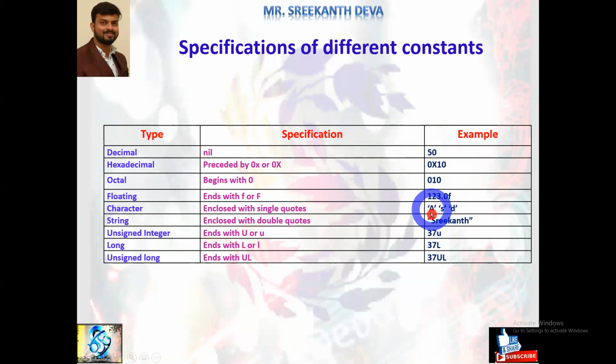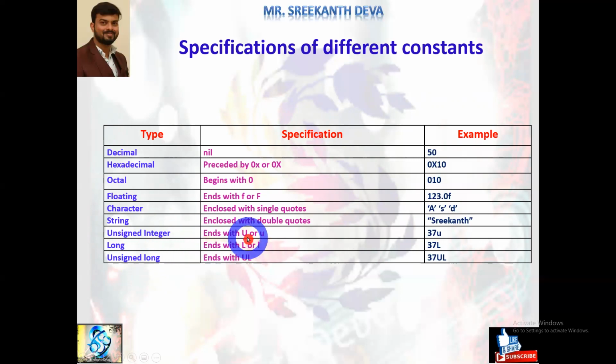Single quotes, whether symbols, alphabets or numbers, and that is represented as a character constant. A string is enclosed with what? Double quotes, enclosing a group of characters, maybe numbers, special symbols, characters and so on. So strings are enclosed with double quotes.